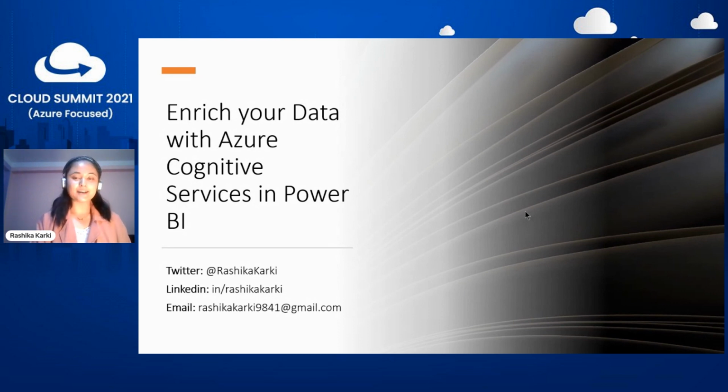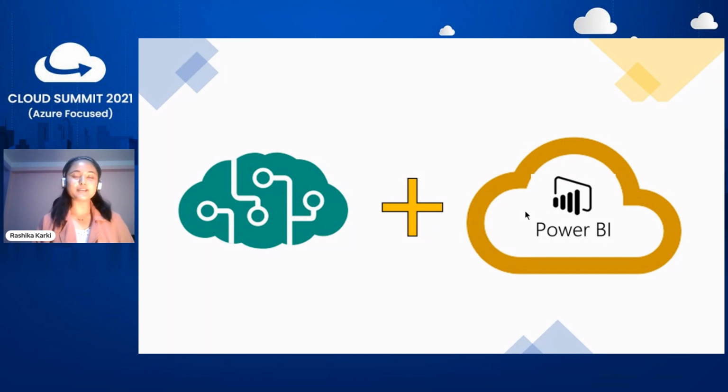So let's get started. Today we are going to look into two of the most fascinating areas of data, one being Azure Cognitive Services and the other being Power BI. Azure Cognitive Services are cloud services provided by Microsoft, which help you harness the power of AI and ML without having any ML expertise.